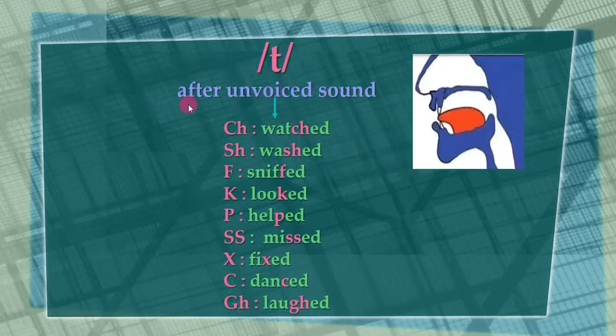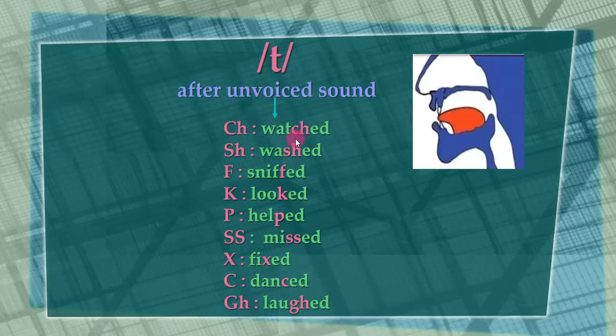The t sound is used after the unvoiced sound, the sound that doesn't have vibration. What are these sounds? You can simply memorize them: ch, sh, f, k, p, double s, x, c, and gh. Whenever the verb ends with one of these sounds, the ed is pronounced t.